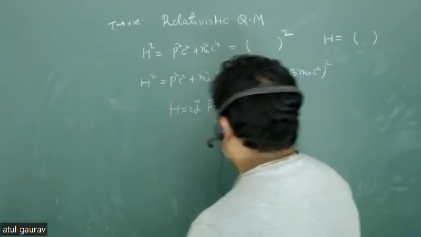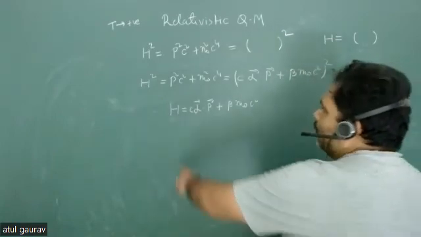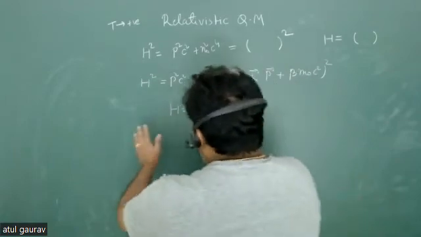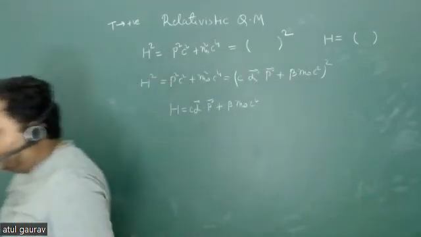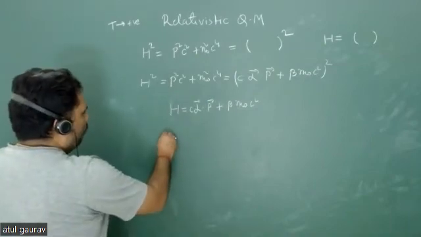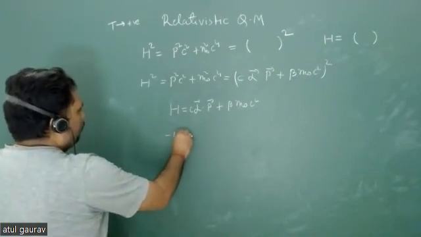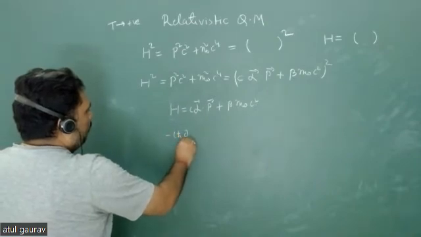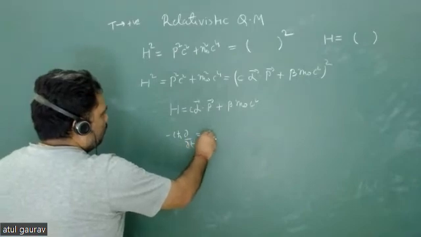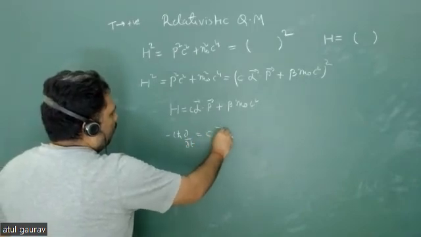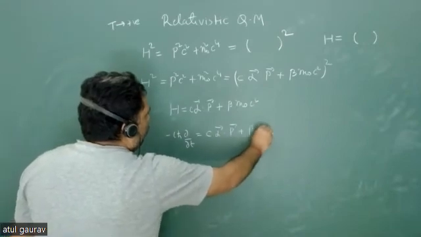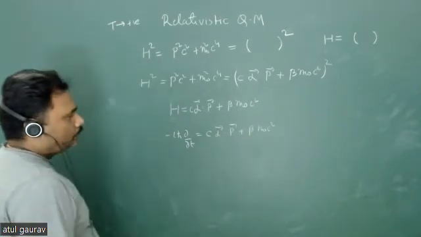And now you can see what is your H. H can then be made equivalent to the Schrodinger wave equation. The Dirac equation can be written in the form of minus i h cut del upon del t. This is the same operator, which will be c alpha dot P plus beta m naught c square.